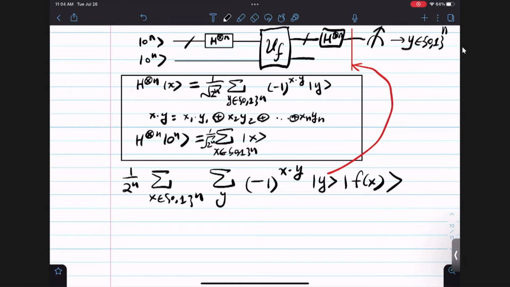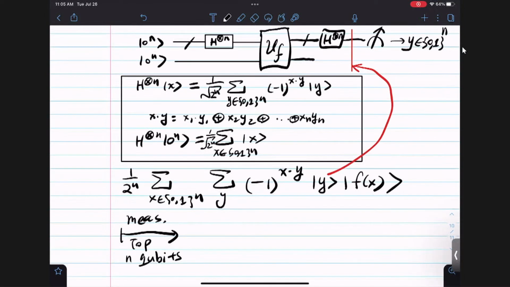So we're going to measure this top n qubits, and this is a new operation we didn't explicitly talk about before. We're not measuring the entire 2n qubits, we're just measuring part of it. This is called a partial measurement, but it follows the rule you would expect. So we're going to observe some outcome y with certain probability.